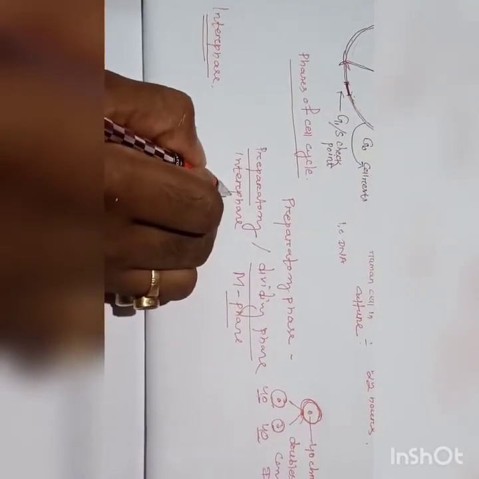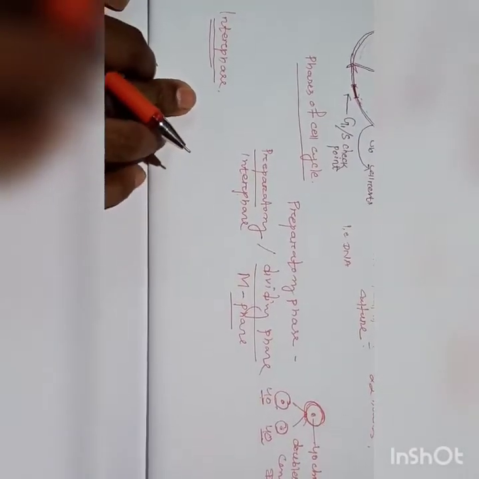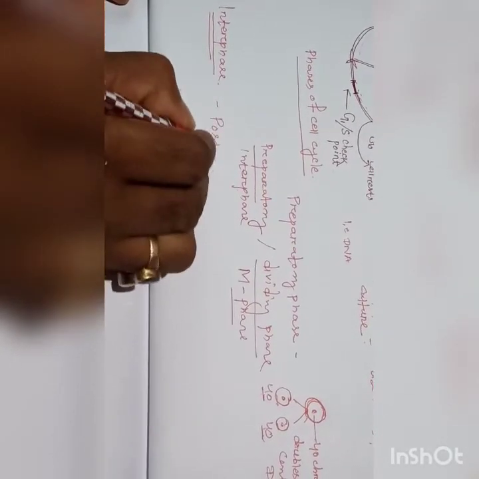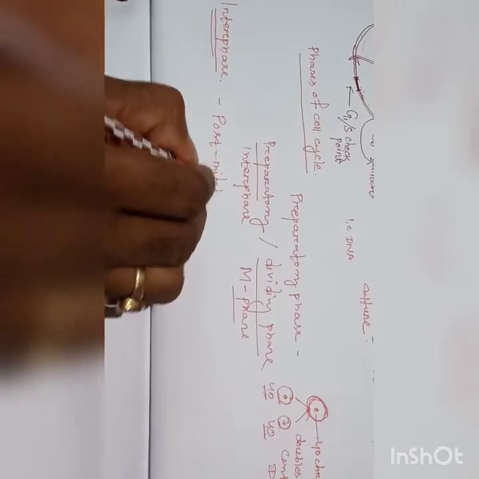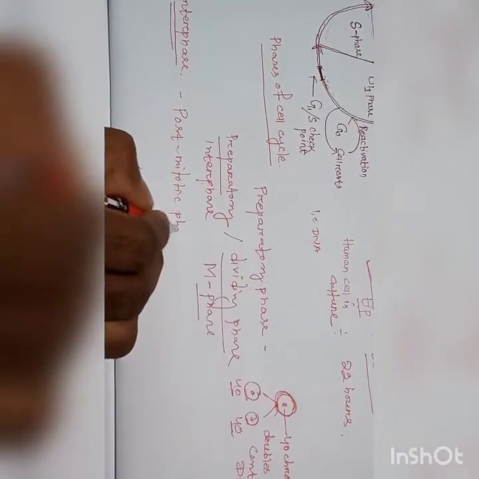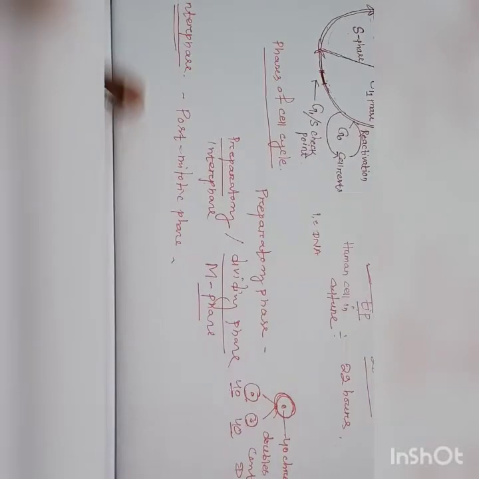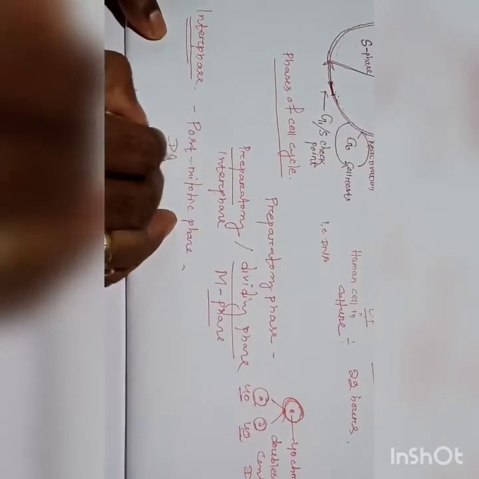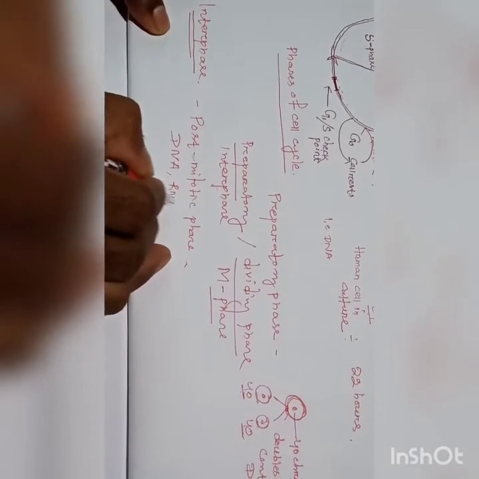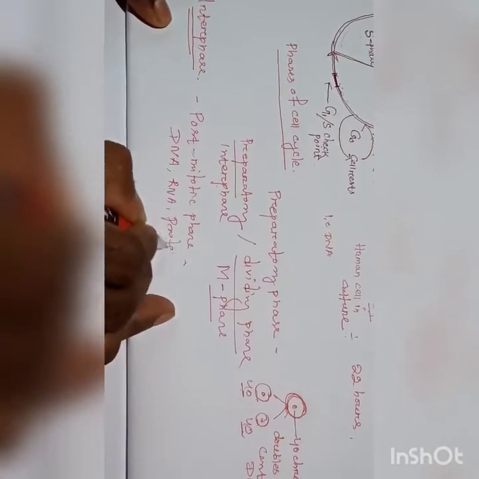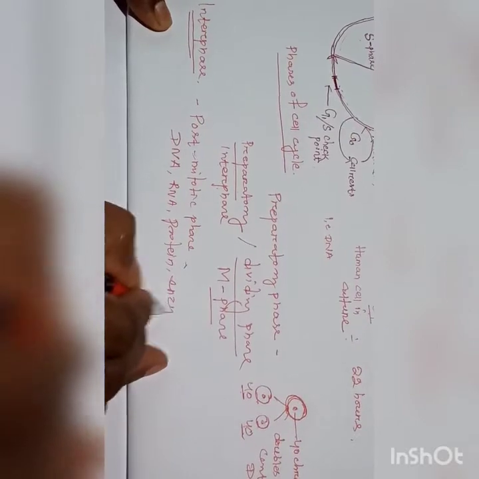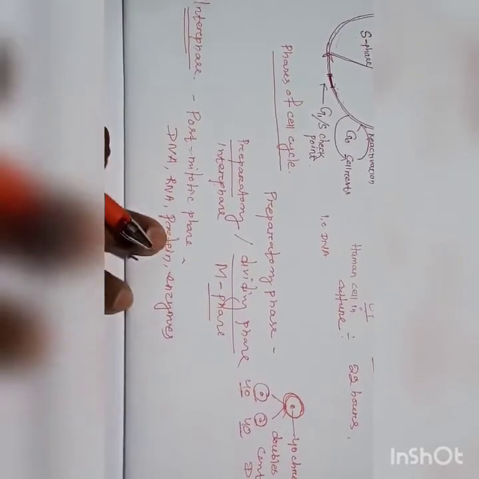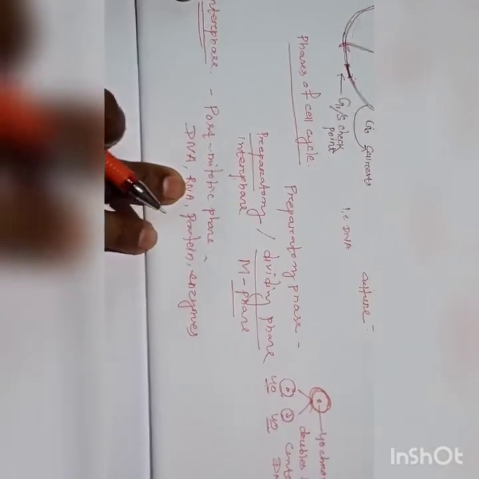It is the preparatory phase and it is the non-dividing phase, also called post-mitotic phase. It's the most active stage of the cell cycle because in this phase there is synthesis of DNA, RNA, proteins, and enzymes.